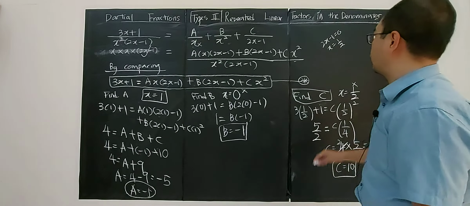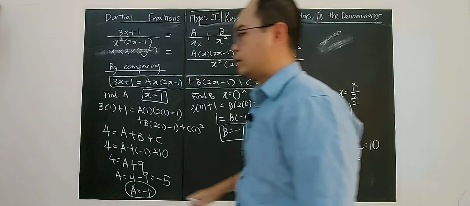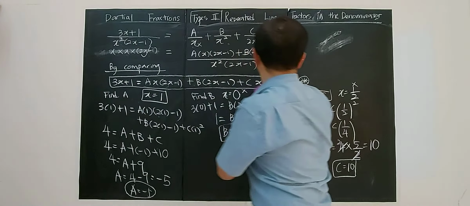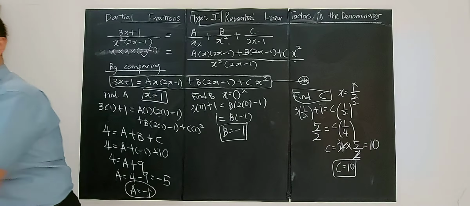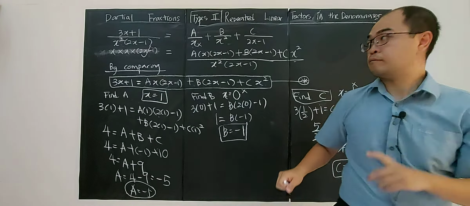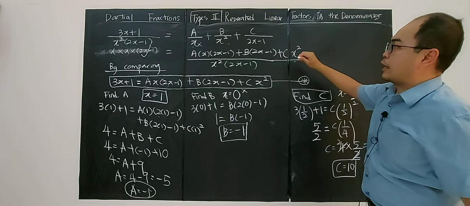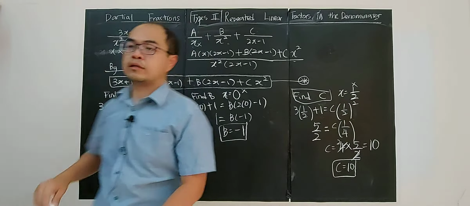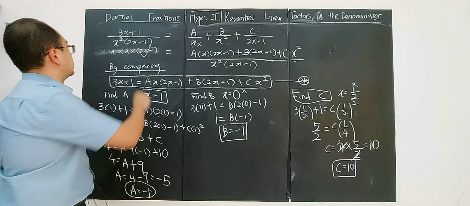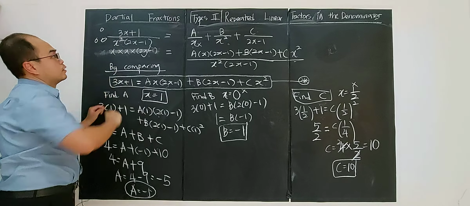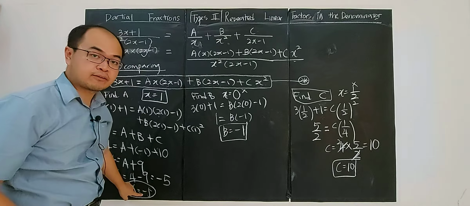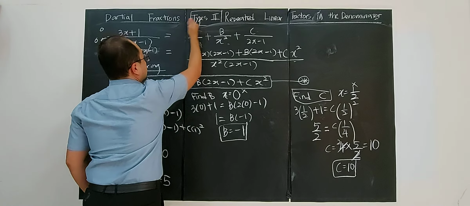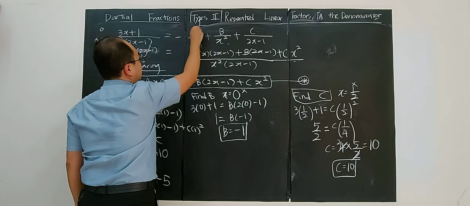Then you have to be slow and steady while you're doing this partial fraction. Okay, then at last you have to do a conclusion for this fraction here. You have to rewrite this. Therefore, your conclusion will be, what's your A? Your A will be negative 5, so here you replace with negative 5.